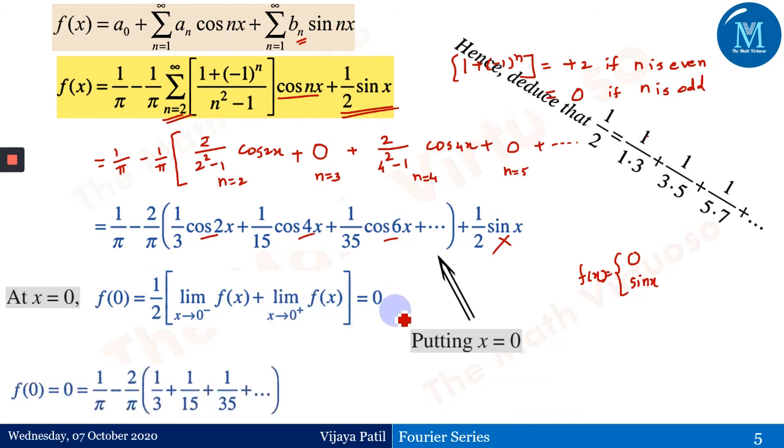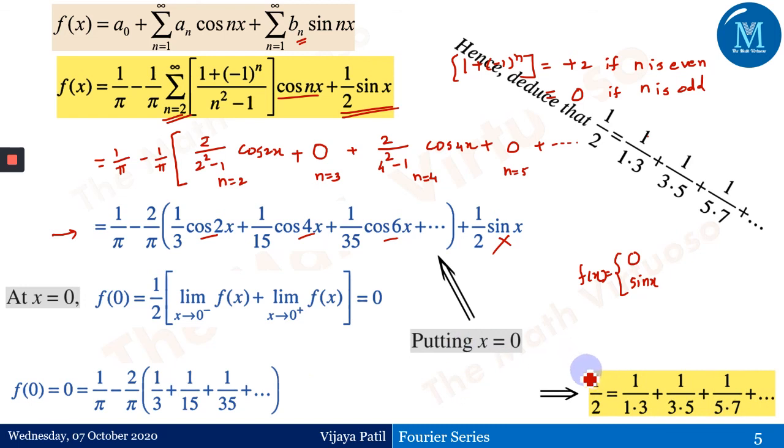So if I put everything in this particular series, this is f(0) = 1/π - (2/π)(1/3 + 1/15 + 1/35 + ...). It can easily be seen that 3 is nothing but 1 into 3, 15 I can write as 3 into 5, 35 I can write as 5 into 7, and so on. So this is the required series for this particular question.